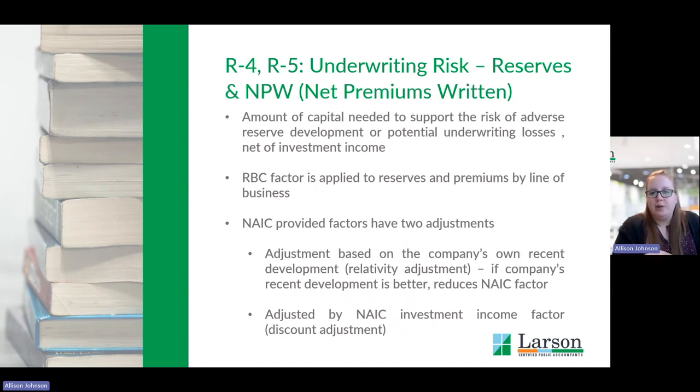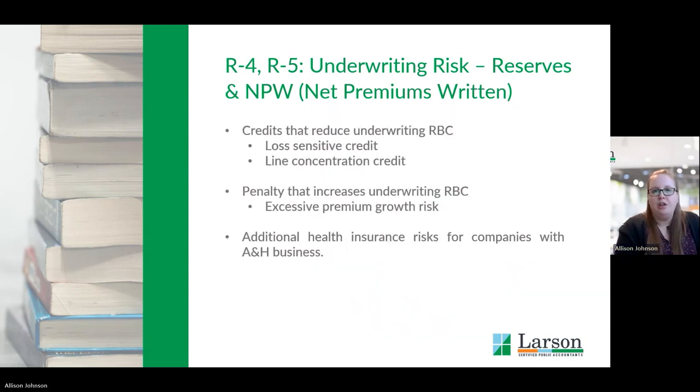The second is based on investment income, so it's a discount adjustment of sorts. There are also some other credits, like the loss sensitive credit, as well as the line concentration credit, that would reduce the RBC required. That's on top of the relativity adjustment we just talked about, as well as adjustments based on lines of business.